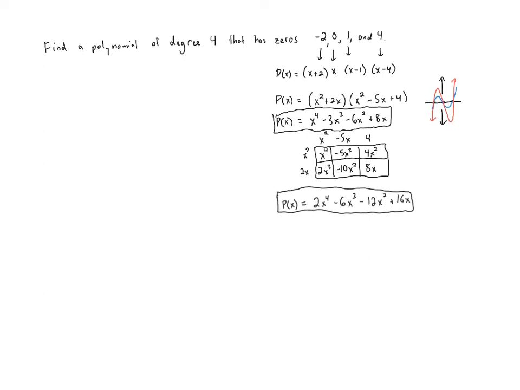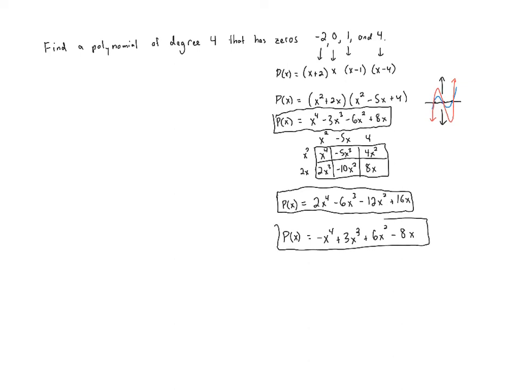We could also do a vertical reflection across the x-axis. That doesn't change where our zeros are. If we did that from our original function, we get -x to the 4th plus 3x cubed plus 6x squared minus 8x.